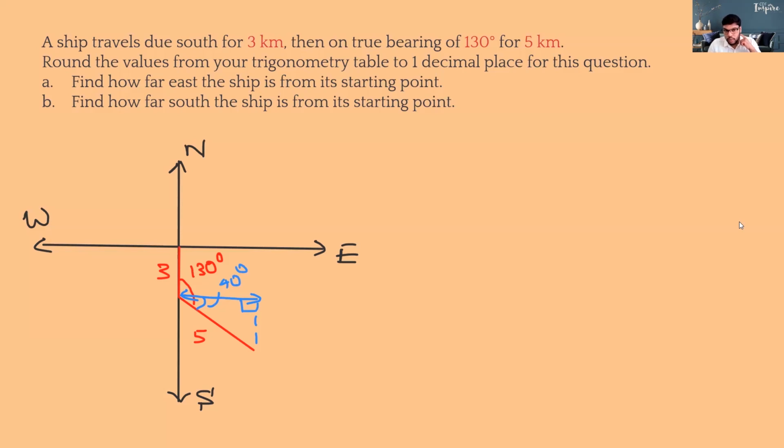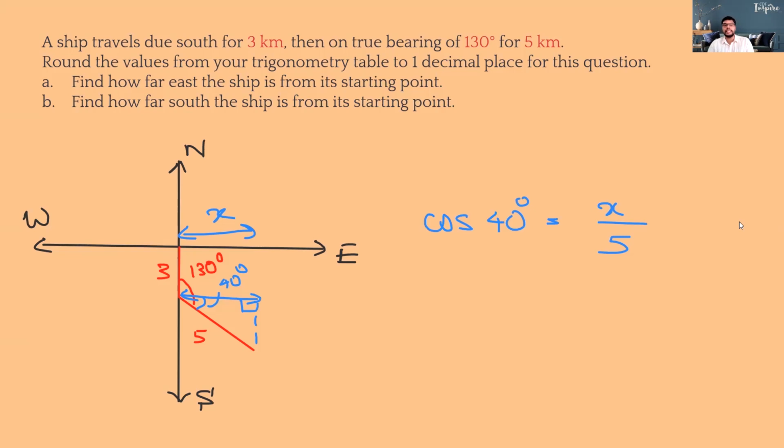Now if you consider this small blue triangle, we know that cos 40 degrees is equal to the distance it went east over 5. We'll call this distance x, the distance east. 5 is the hypotenuse and x is the adjacent.